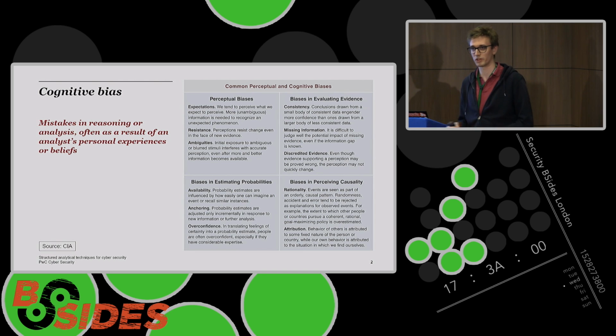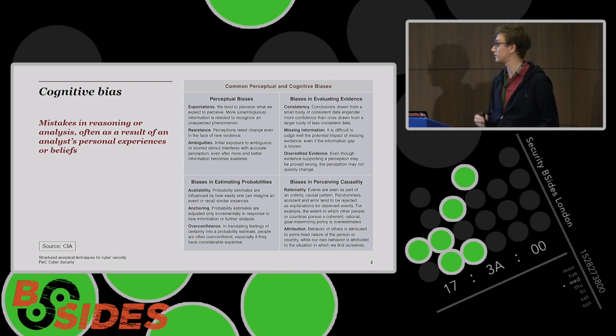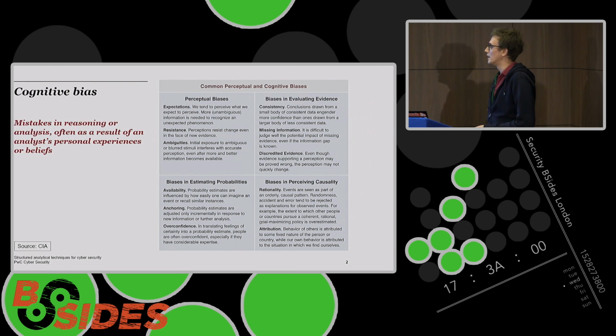If another person did that analysis themselves, they might come up with an entirely separate conclusion because they've got different experiences and the world has treated them in a different way. There are some examples of common perceptual and cognitive biases on the slide. I won't run through them today, but you can read through them later.